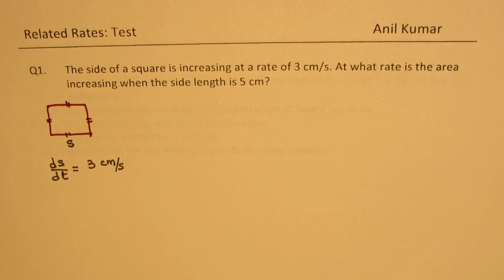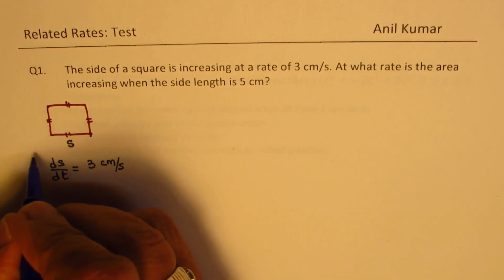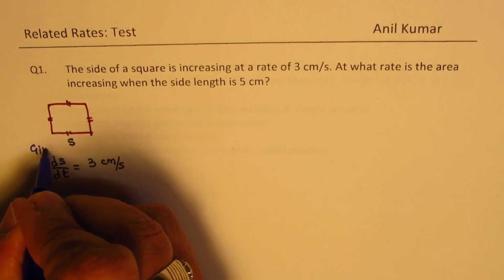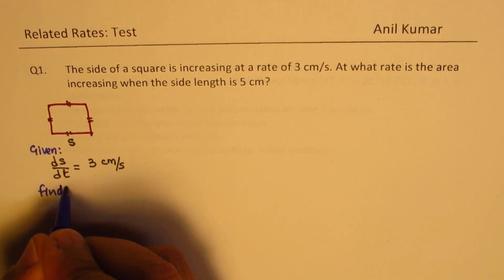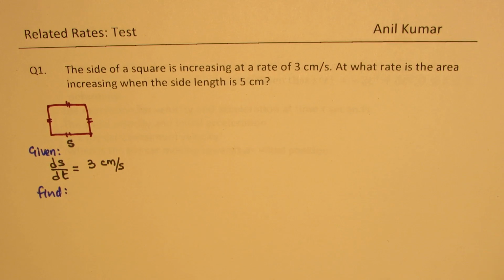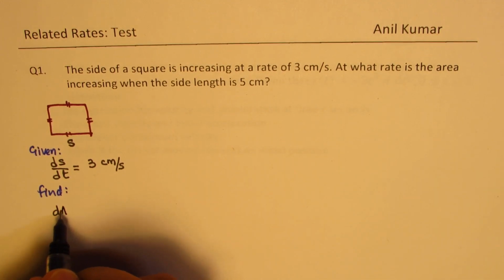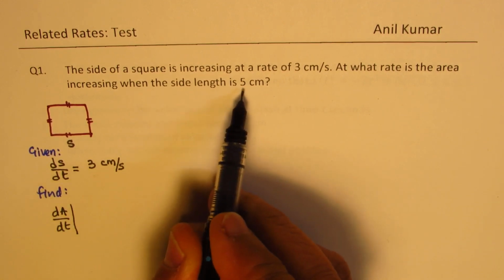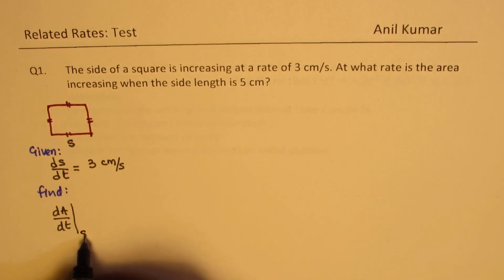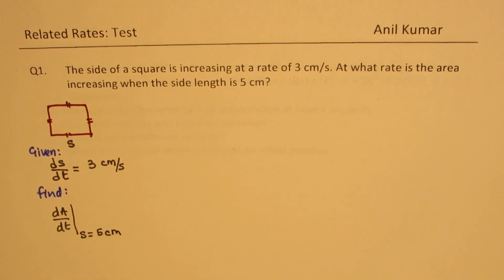Let me write down given and then find. We need to find the rate of increase in area, so that is dA/dt, when the side length s is equal to 5 centimeters.